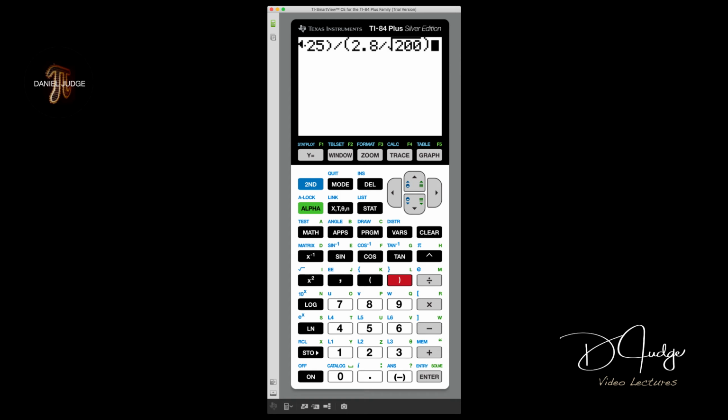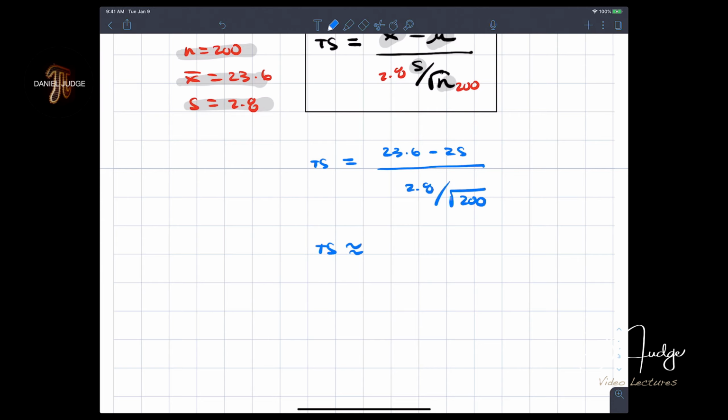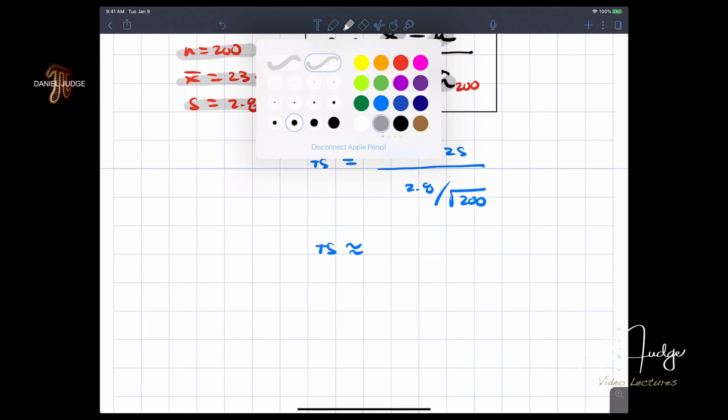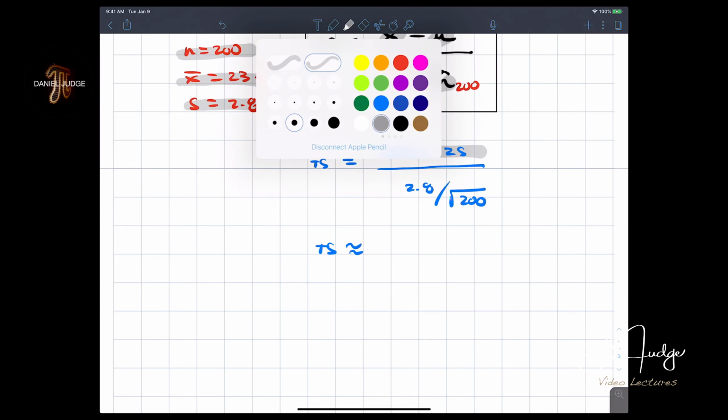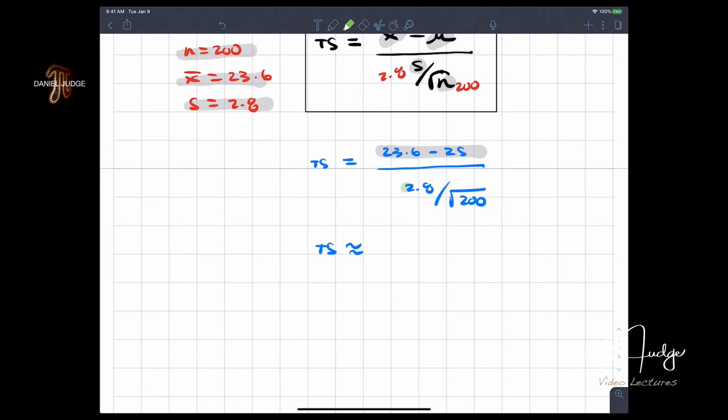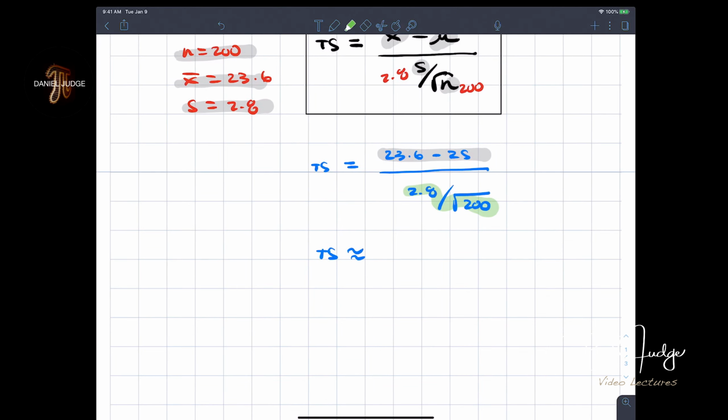Just to illustrate the great detail here, back to the iPad. What we're saying to the calculator is, hey calculator, this is a numerator in parentheses, and down here I have the denominator in parentheses. This is why I have to put parentheses around both of them.